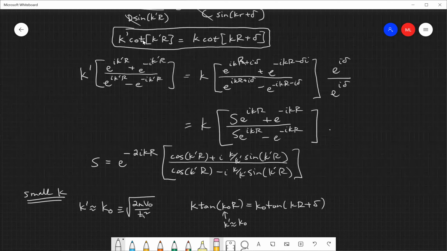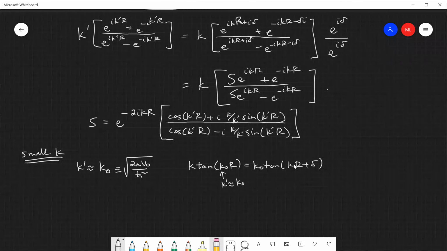And now, if k is really small, then we can Taylor expand this tangent function. That's assuming that delta is small, but we'll see that it is. We'll get k naught times kr plus delta.